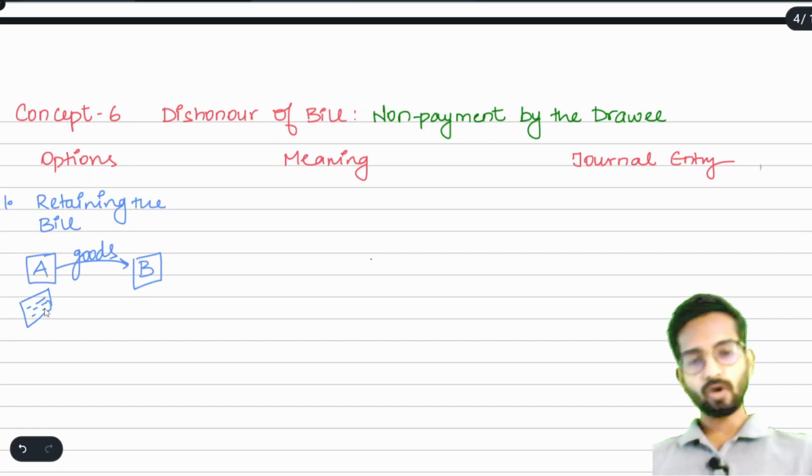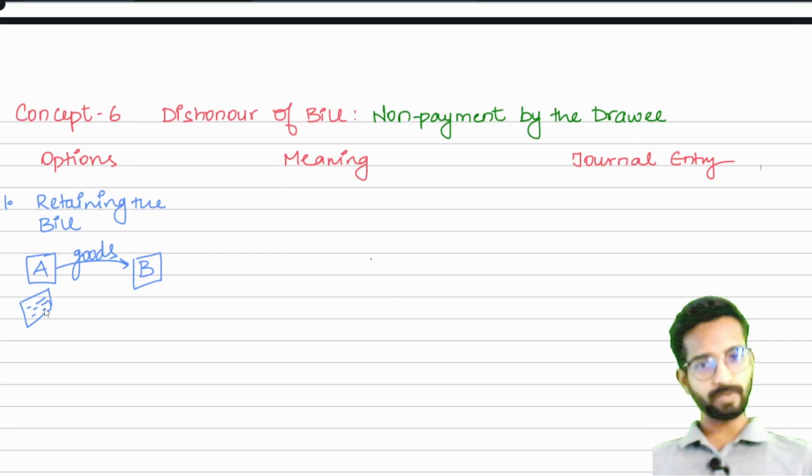On the due date, what happens? A takes that bill and goes to B's house and tells B to pay that amount. But B is saying, I will not pay any amount. Then it means he has not made any payment, and we know that on the due date, the value of the bills will become zero whether the drawee pays the money or does not pay the money.